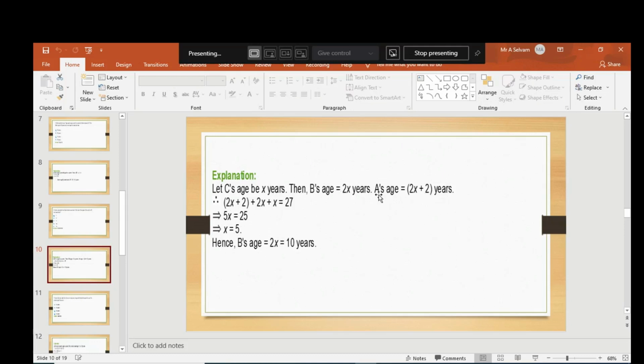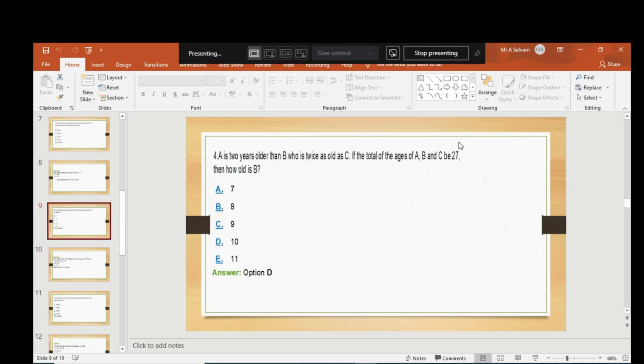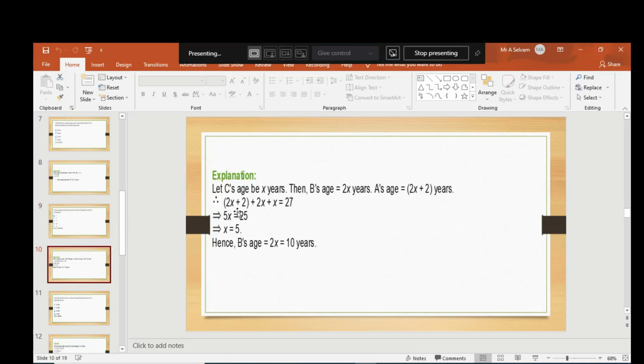Simplification: A plus B plus C. A's age is 2x plus 2, plus B's age is 2x, plus C's age is x, equal to how much? 27 they have given. 27 total ages.